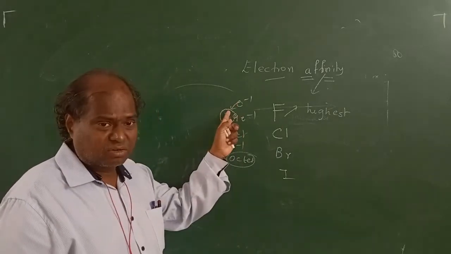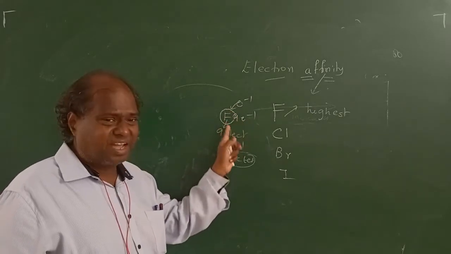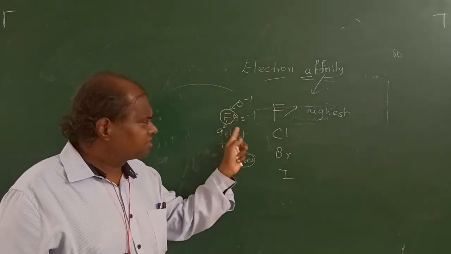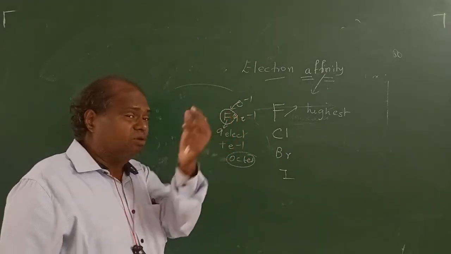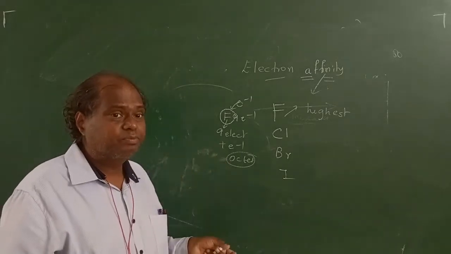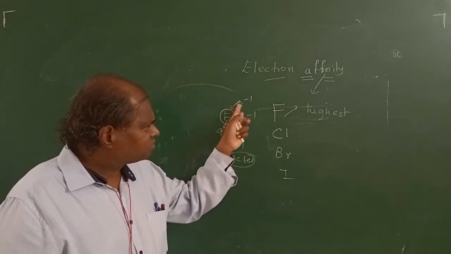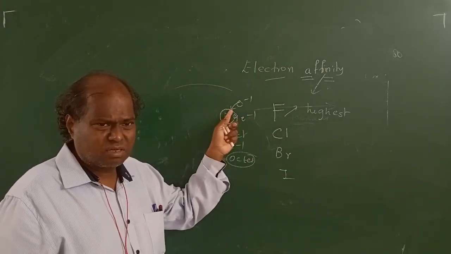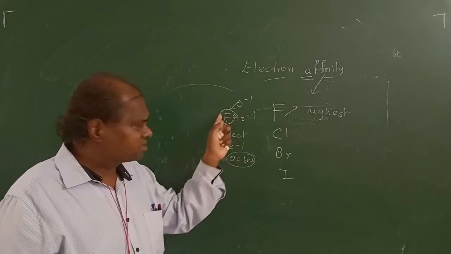There will be a lot of repulsion from the already existing 9 electrons, and the size is also very small. So it is very difficult to add this electron, though you are getting the octet.